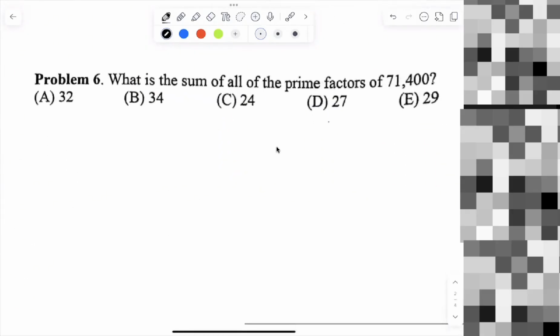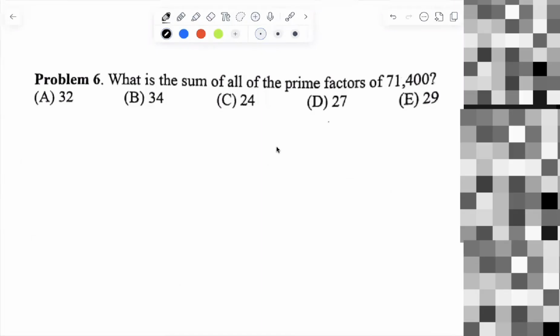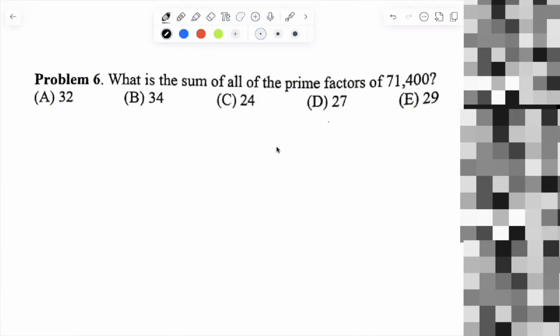Now let's move on to problem 6. What is the sum of all prime factors of 71,400? Let's take a try on this question and tell me what you have.